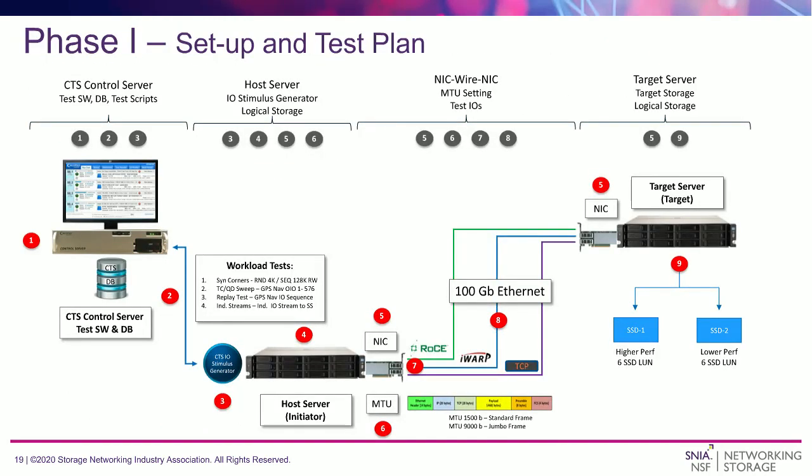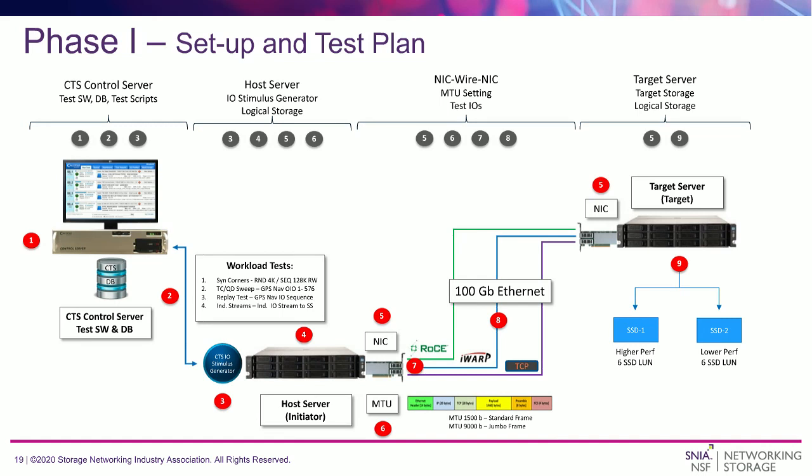Okay, here is an image of the topology for the test plan. You can see there are 4 sections on the left. That's your software operator, test operator, and that's a control server which has the test software and the database and the scripts. There is an IO stimulus generator, number 3, loaded on the host server.